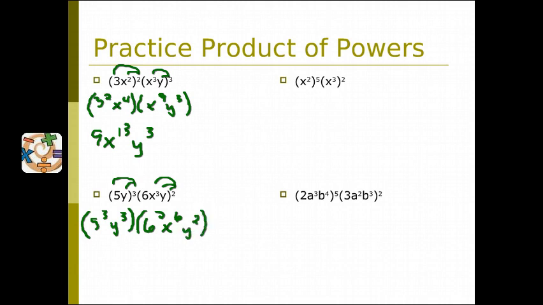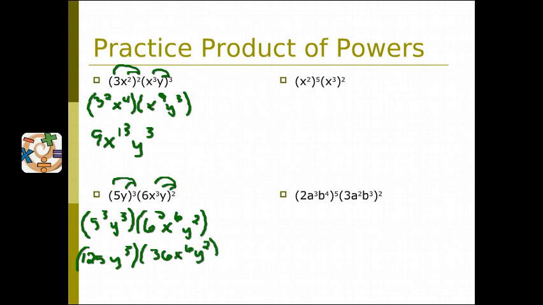So here is a time that we're going to have to do a little bit more simplifying. 5 cubed gives us 125 y cubed. 6 squared gives us 36 x to the 6th y squared.